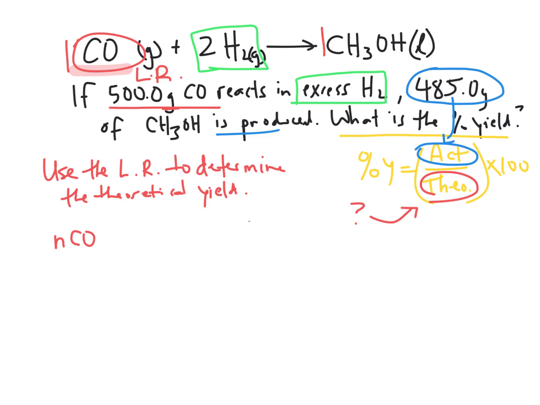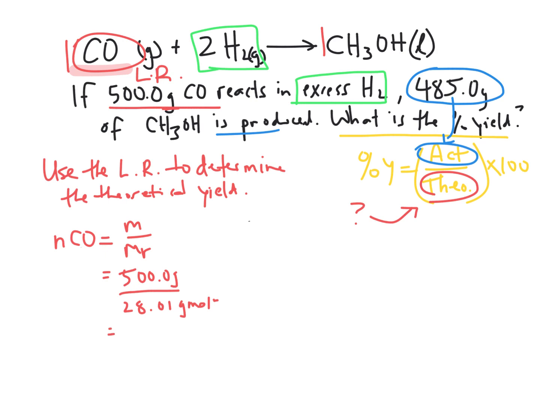So what's the moles of CO? Well, we use mass over molar mass. The mass we have is 500 grams. The molar mass of carbon monoxide, if you go digging around on the periodic table, is 28.01 or 28.0, depending on what periodic table you have.